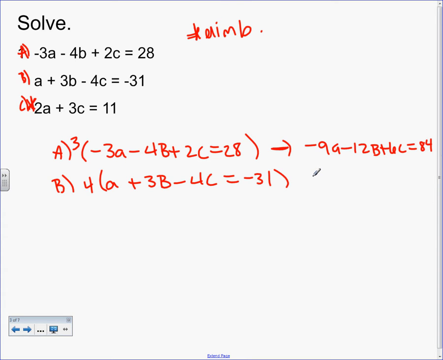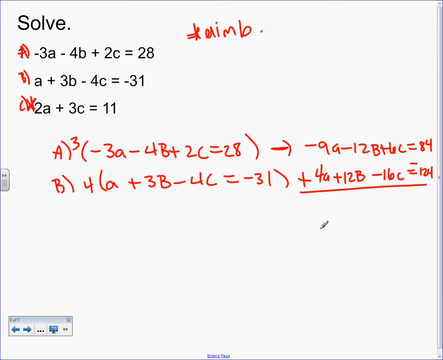What do I get? 4A plus 12B, negative 16C equals. What's 4 times 30? 120. And then 4 times 1, so 124, right? Okay? Am I going to add or subtract? Add.